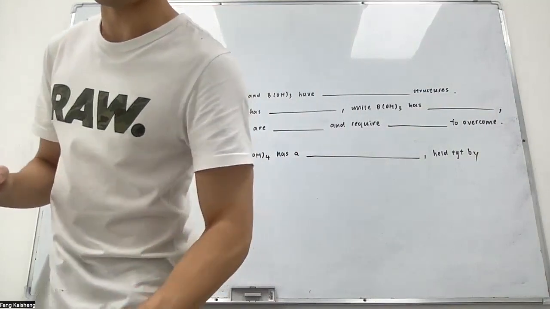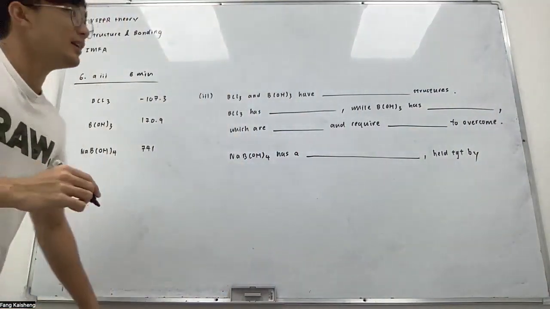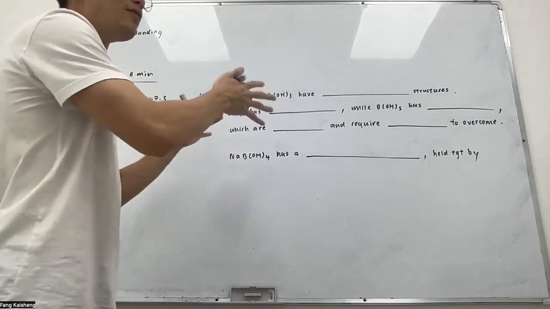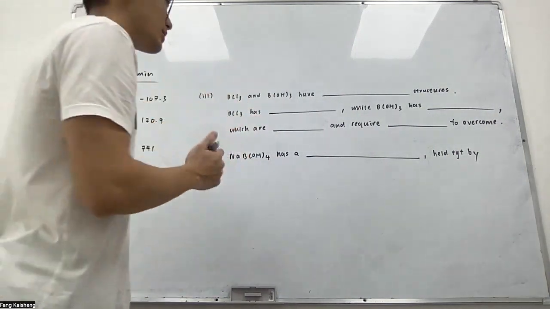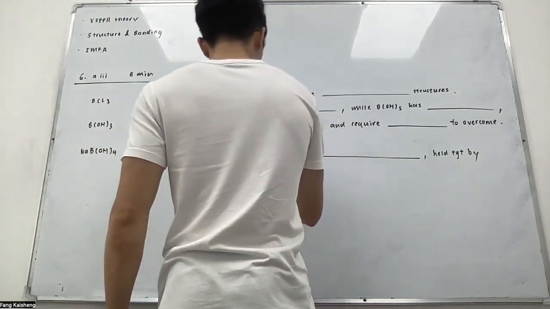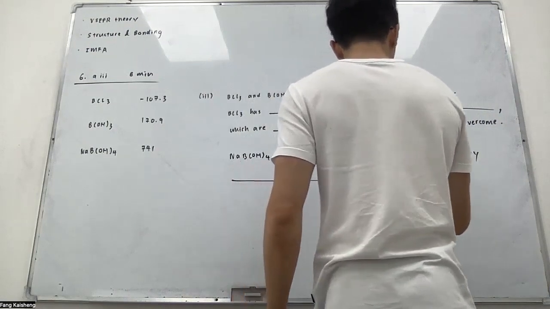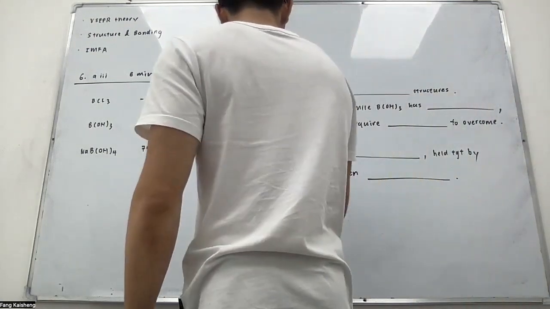And time's up. Let's take a look at the answer. Rather lengthy answer. Let me just write down the format first. You should roughly have the same format to keep your answer short and concise. These are the blanks that we need to fill in.